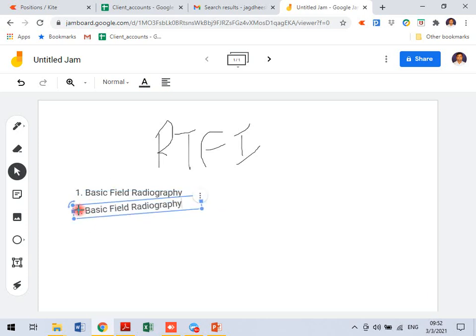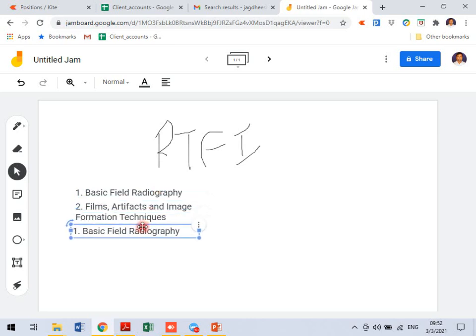Two, we will discuss films, artifacts and image formation techniques. Three, these are the topics we covered.